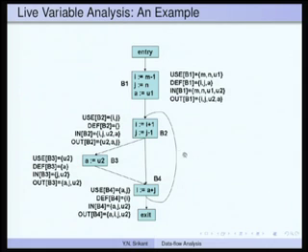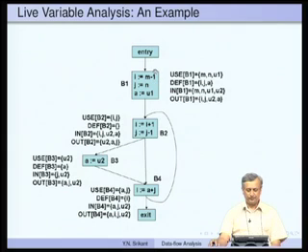So, let us look at the example to understand what this is. Let us say we compute the use and def sets for this particular basic block B1. We have the variable m, the variable n and the variable u1 which are used in the basic block, but there are no definitions of the 3 variables before these usages.